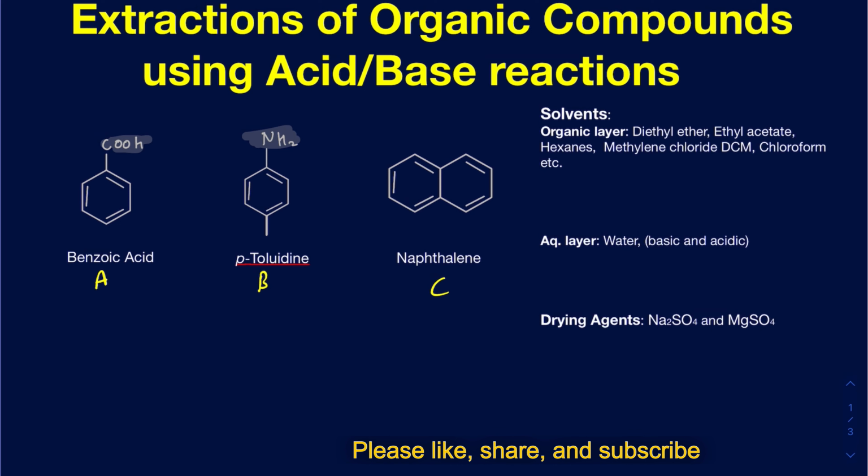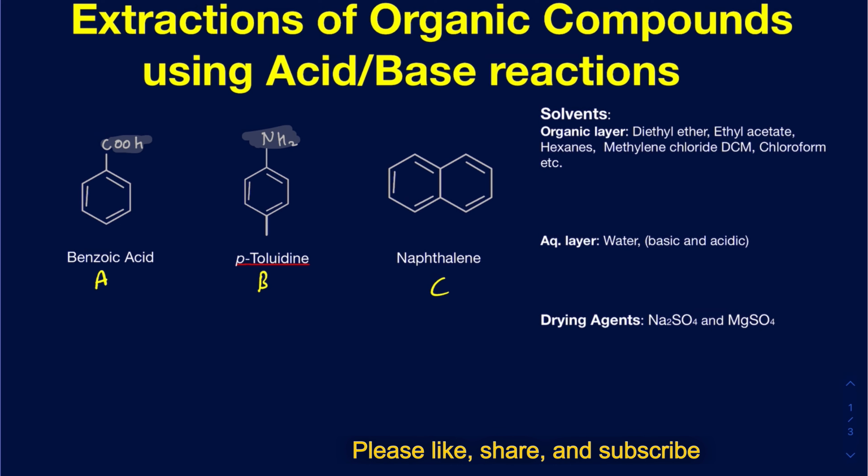Even though for A and B we do have the COOH and the NH2, which make this part hydrophilic, the rest of the molecule is relatively bigger and hydrophobic. As a result, all three of these compounds are fairly water insoluble. None of those are going to dissolve in water.